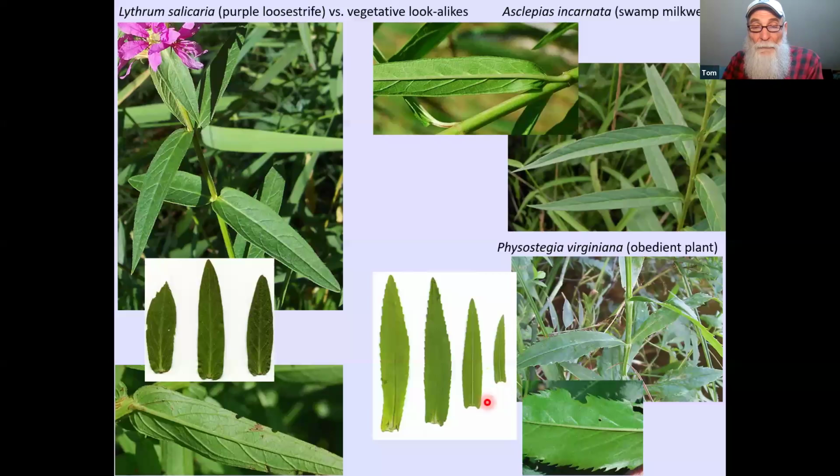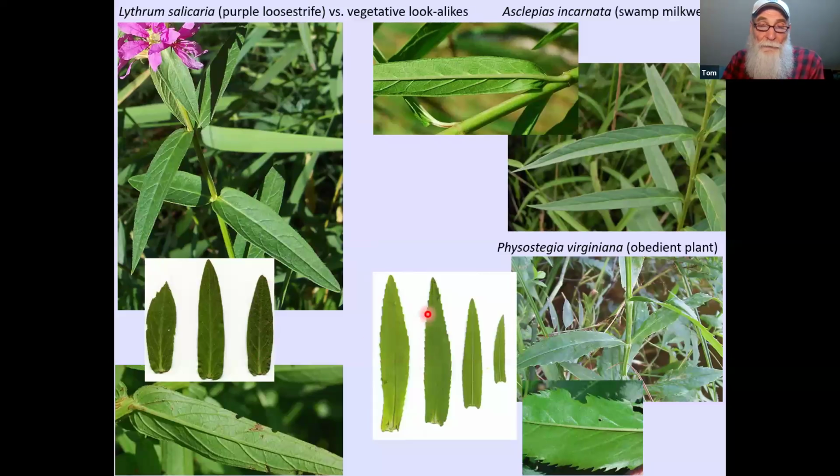There are no petioles really here at all. But the difference, of course, is that this is serrate. Purple loosestrife has leaf margins that are entire. There are no teeth, and that's true for the entire family Lythraceae, entire margins on the leaves.